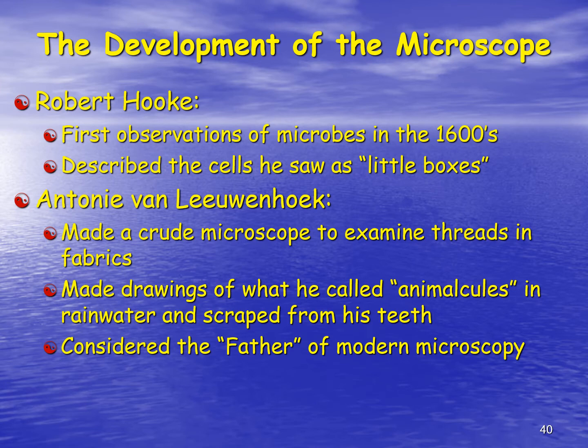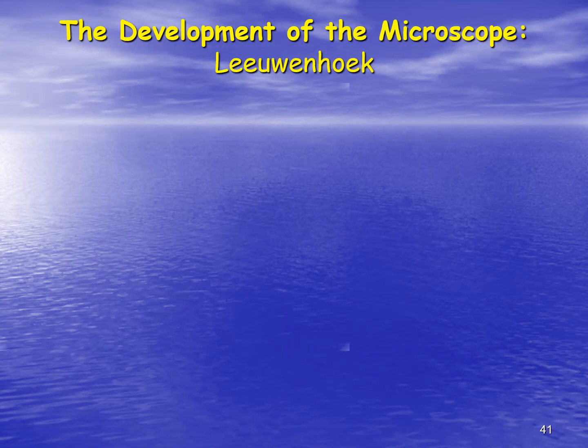What Robert Hooke saw were the plant cells, but he could only have them in focus at one focal point. He could not go up and down through all of the layers of the cells. And so this is what really made Leeuwenhoek the father of modern microscopy, was the fact that he could actually now focus up and down using his very crude microscope.